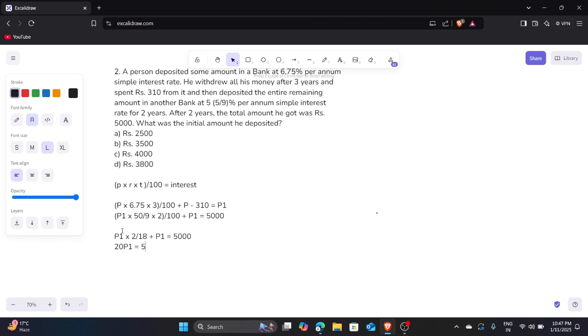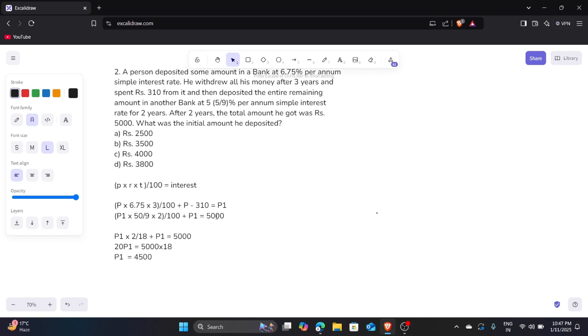P1 equals 5000 multiplied by 18, taking the LCM. So the P1 value is nothing but, when you cancel 10 with 10 in the 20, it is 9, so 20 already and 45 is there.